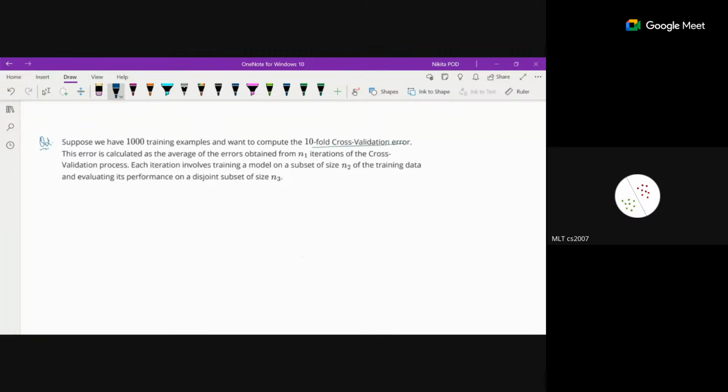To calculate this, you take the average of the errors obtained from N1 iterations of the cross validation process. You have to find N1, N2, and N3 in this question. It's very simple. There is no calculation involved.